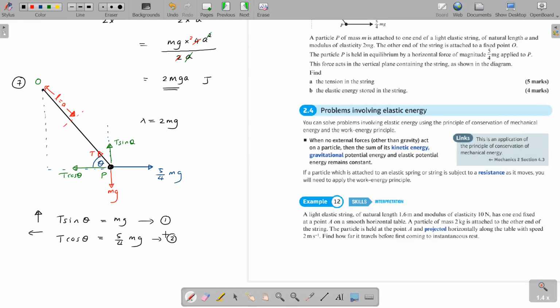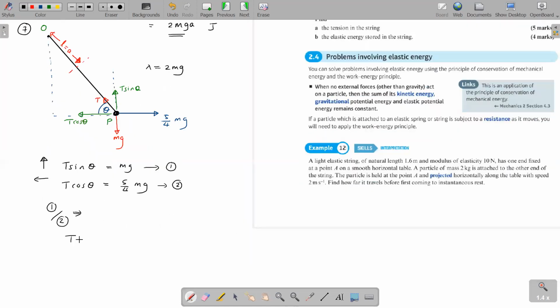What is the best strategy to go here? Simultaneous equations, let's divide them. Why am I going to divide? What's the advantage of dividing? You can cancel out many terms here, right? T sine theta over T cos theta equals mg over 5 over 4 mg.